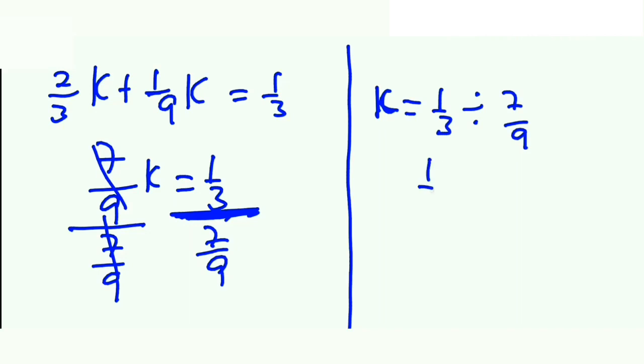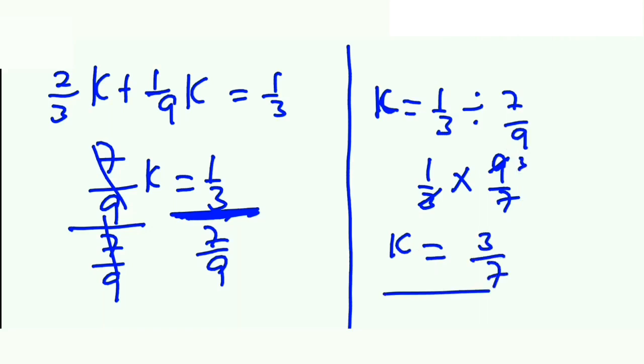So 1/3 times 9/7. So it means K equals 3/7. So this is the value of K.